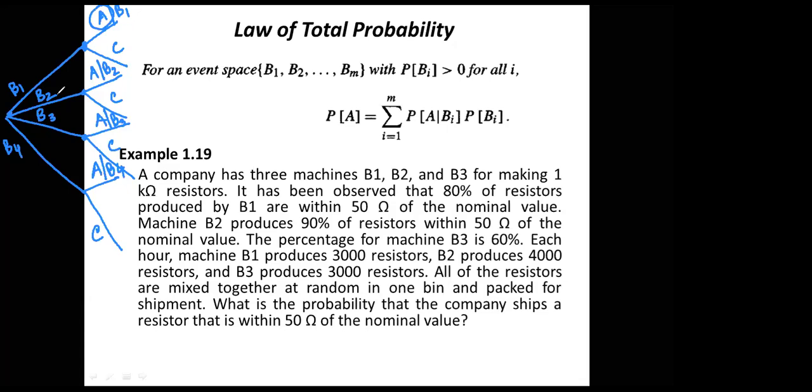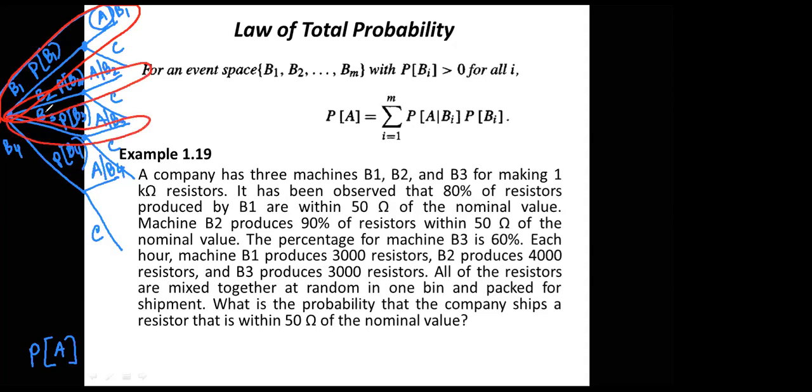Now, if you want to find out this probability of A, I can write probability of B1, probability of B2, probability of B3, and probability of B4. Okay, now look at one thing. If I want to find out probability of A, I have to take this branch probability plus this branch probability plus this branch probability and then this branch probability.